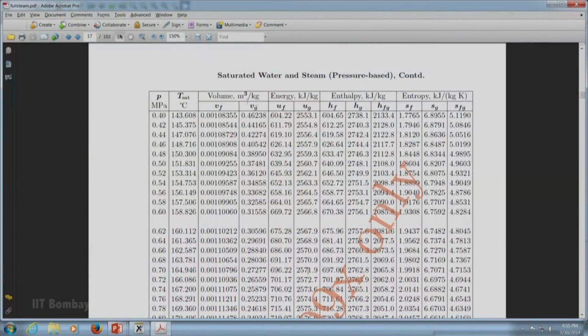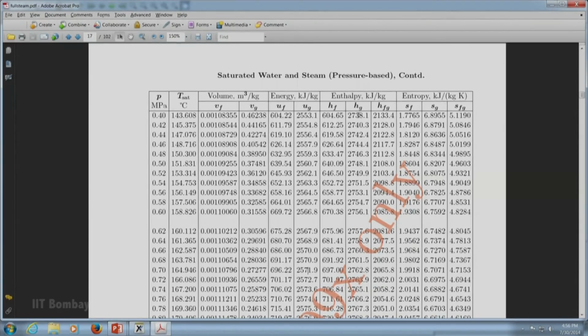For 0.4 MPa, HF is 604 kilojoule per kg and Hg is 2738.1 kilojoule per kg, while our value of H2 is around 1919.39. It means that it lies between HF and Hg.